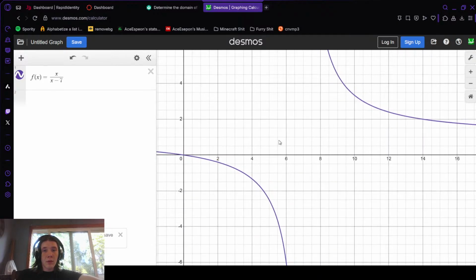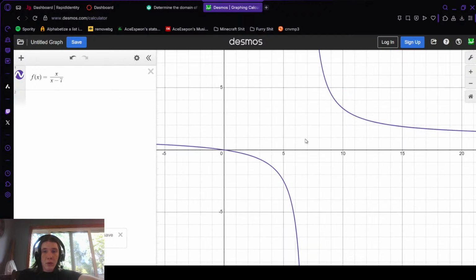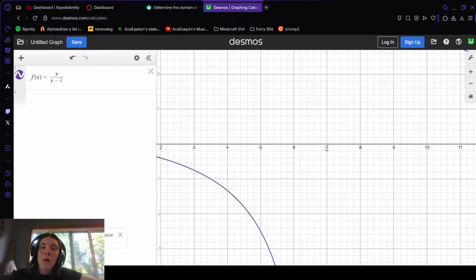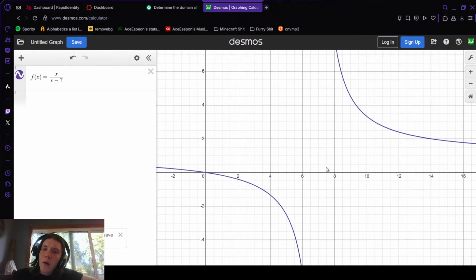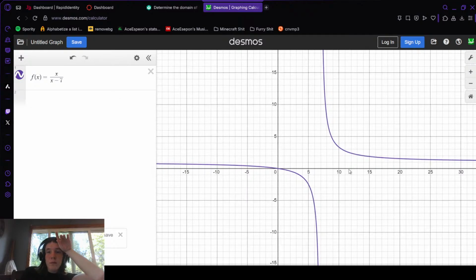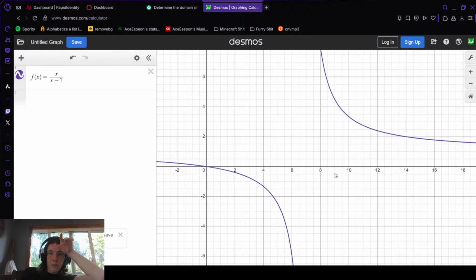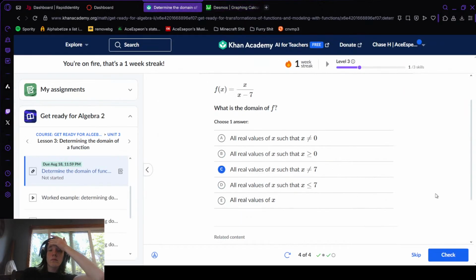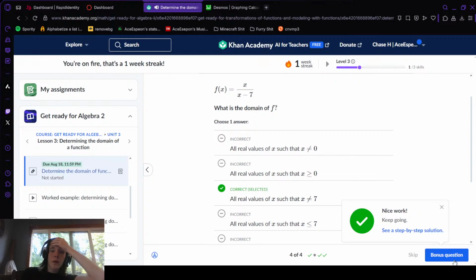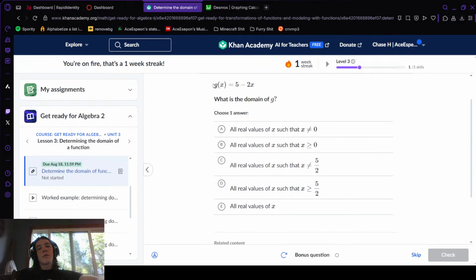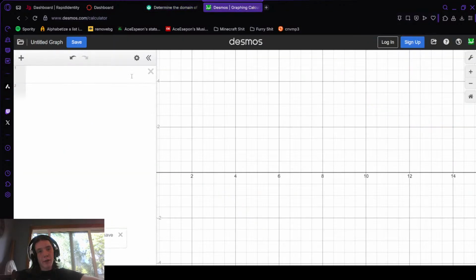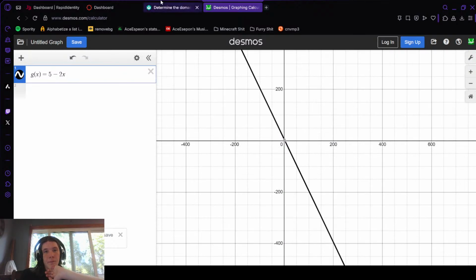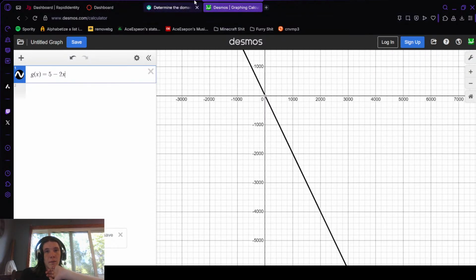Or just the domain of X, G. Let's graph that. Yeah, Oreo.